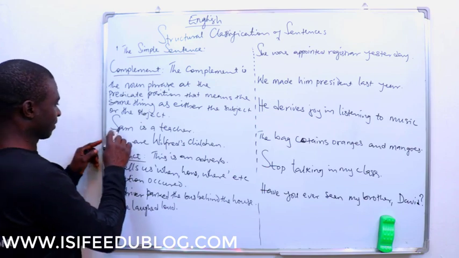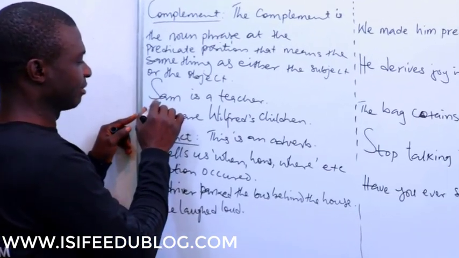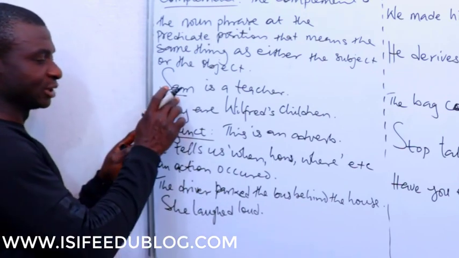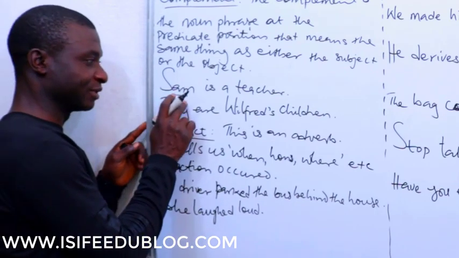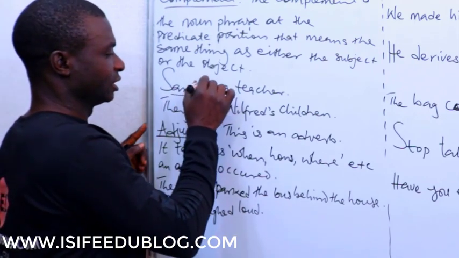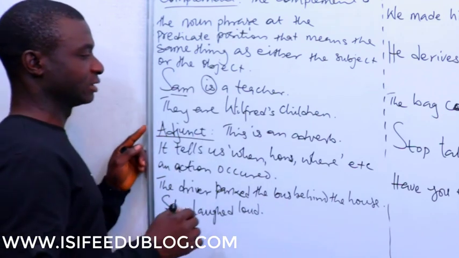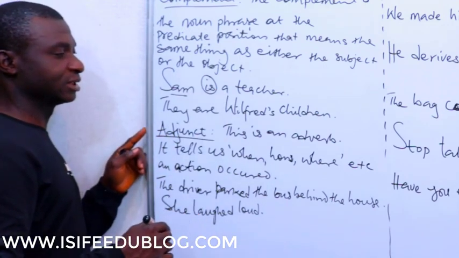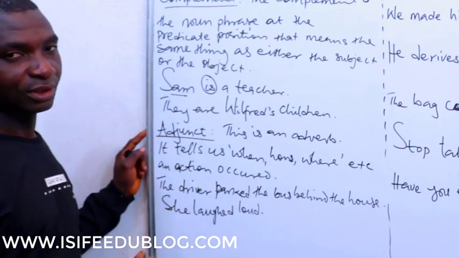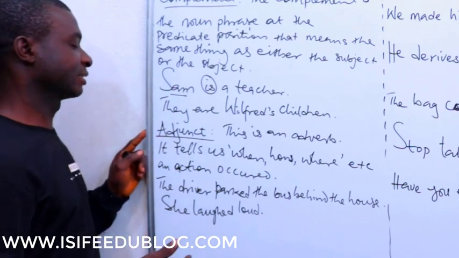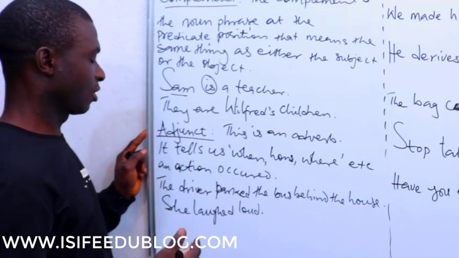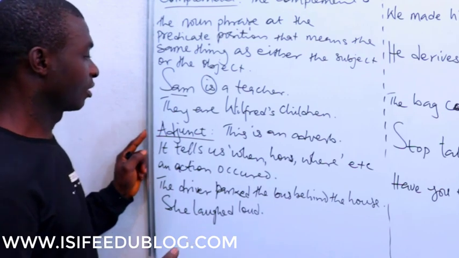Looking at the example on the board, Sam is the subject. From what you've heard, Sam is the subject for being the noun phrase at the beginning of this sentence. Now, is is not an action word. It is a linking verb, giving you the state or the condition of somebody or something.